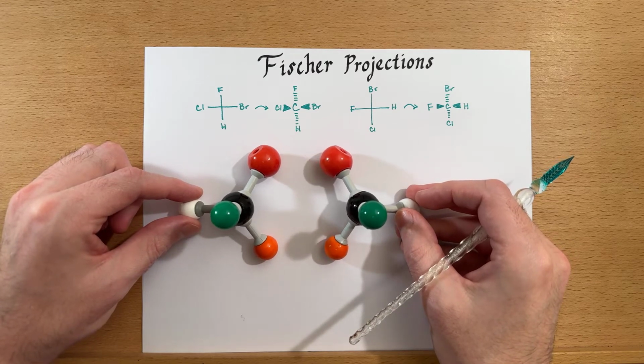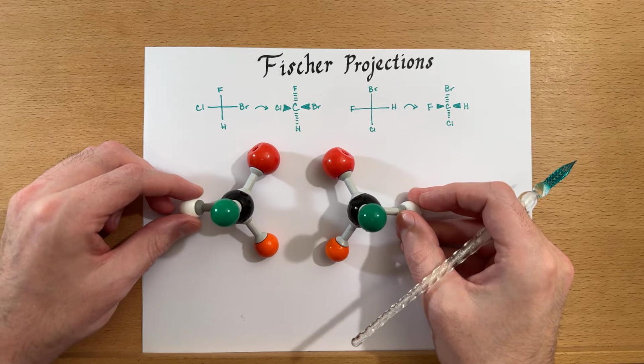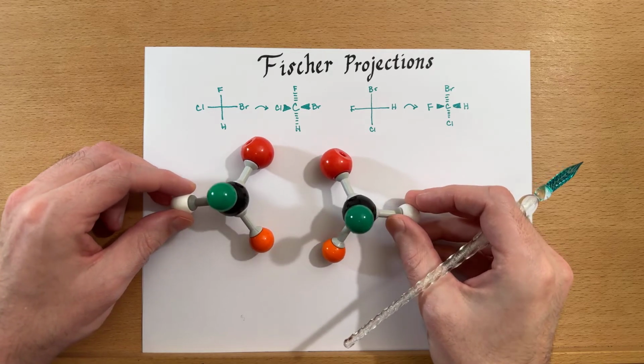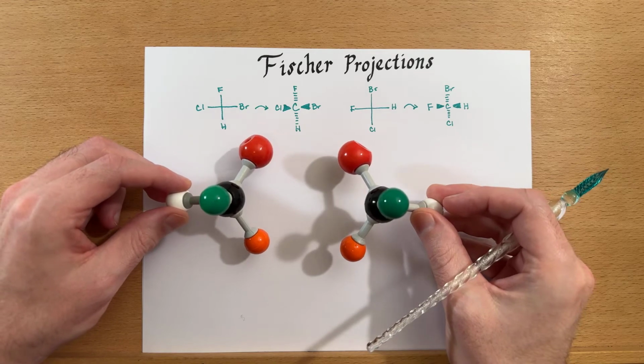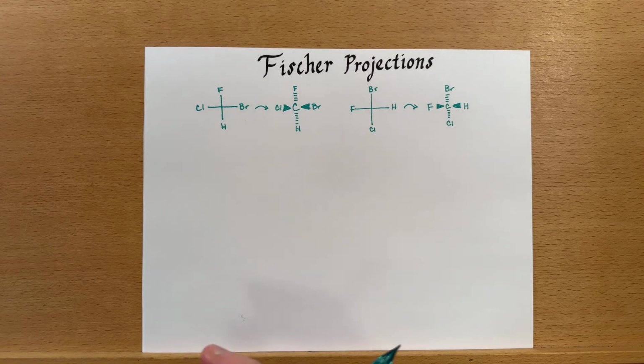If you rotate a Fischer projection by 90 degrees, you get the enantiomer. If you rotate it 180 degrees, then it's the same molecule because you've done two 90-degree rotations.